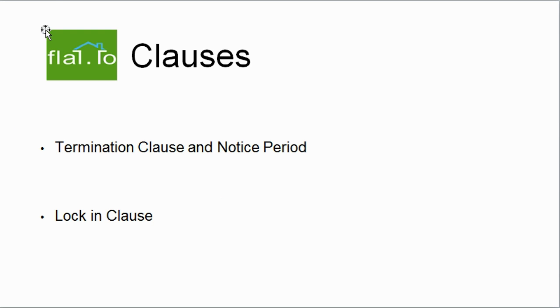Next comes the termination clause and notice period. So your landlord is not at all happy with you. You are making the society a chaotic place to live in, or for any other reason he wants to terminate the agreement and kick you out of the house. So you will have to invoke the termination clause and ask for a notice period.